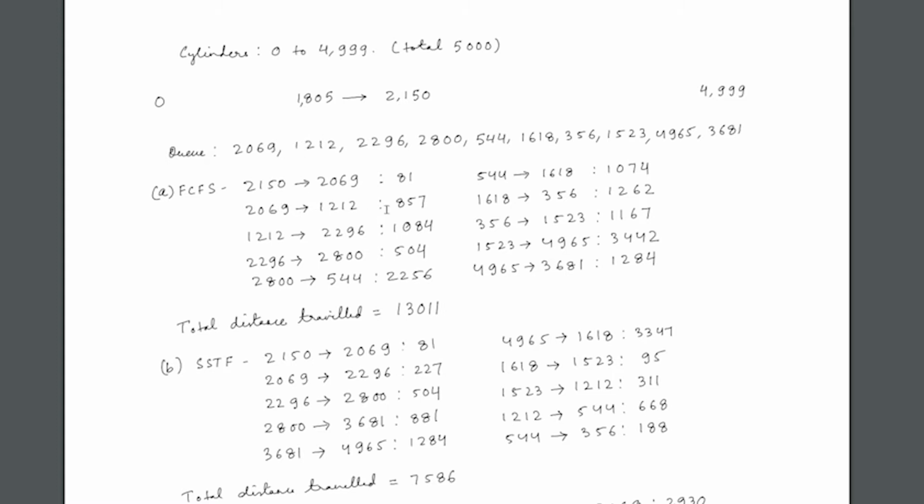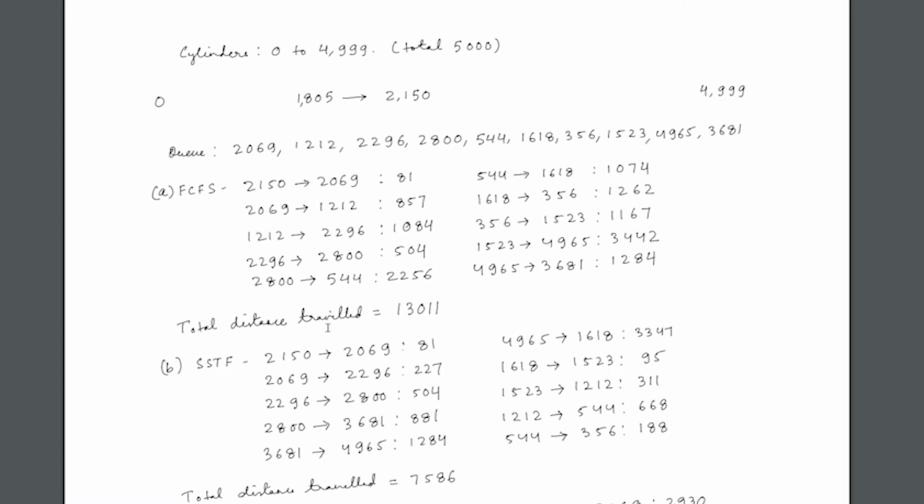In doing so, they travel 857 cylinders, and so on and so forth. The last one to be visited is, of course, 3681, because it is the last one in the queue. And by moving from 4965 to 3681, the disk heads travel 1284 cylinders.